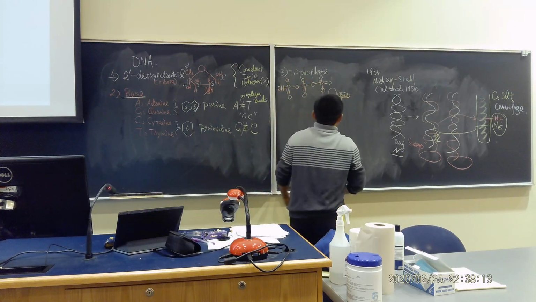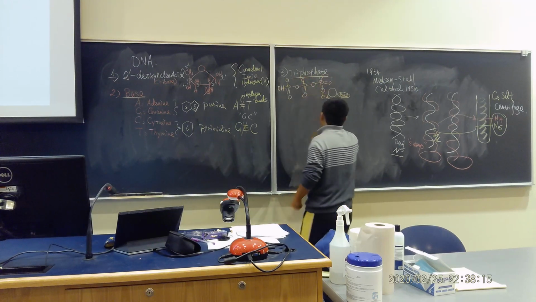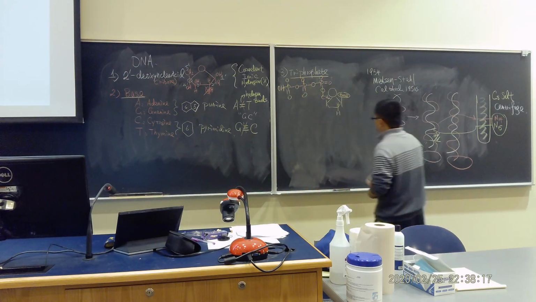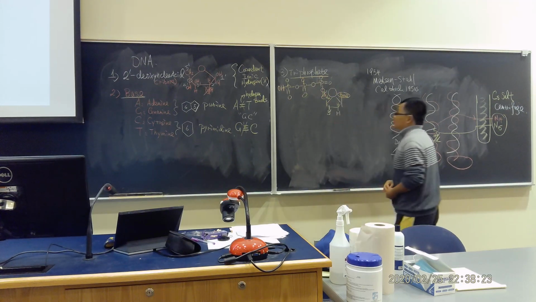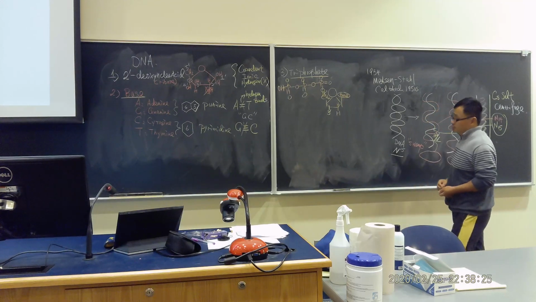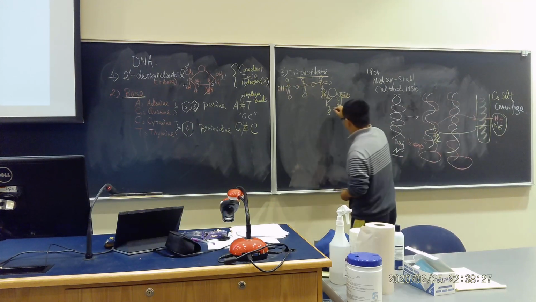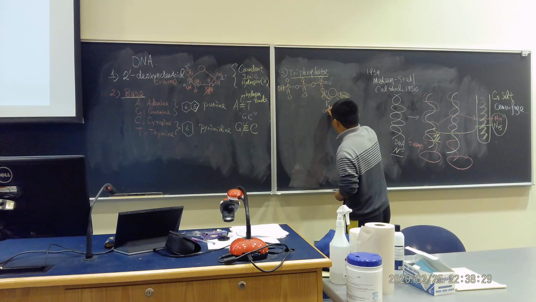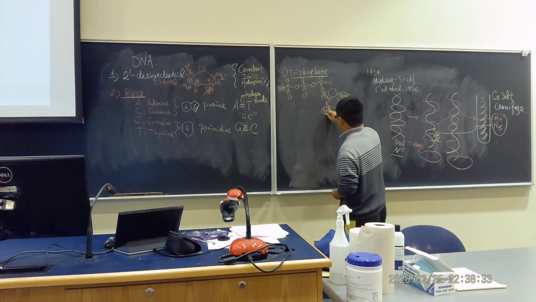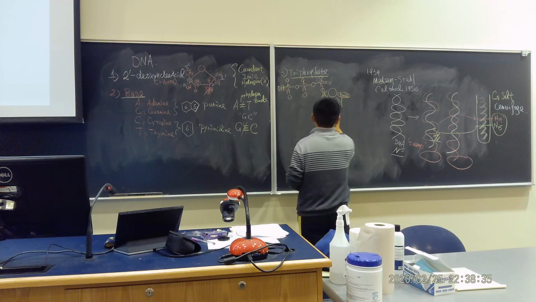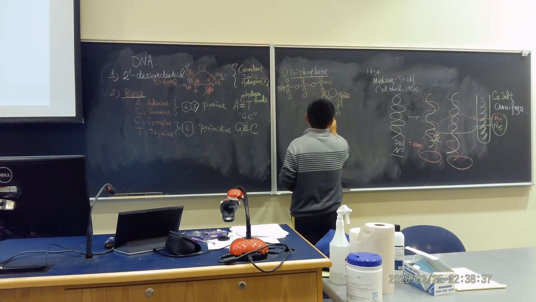The triphosphates are very important. And this is the one we call 5 prime, and this one we call 3 prime. And how are they connected with each other? Here you have OH, is that right? So what they do, they cut this line, and they connect another one here.